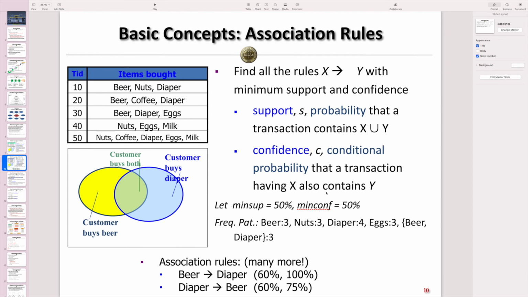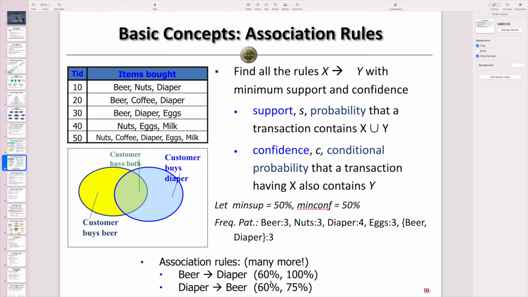Among all the transactions containing X, which is diapers, there are the first one, the second one, the third one, and the last one. We have 4 transactions containing diapers. However, only 3 of them contain beer. So the confidence score will be 3/4, which is about 75% instead.